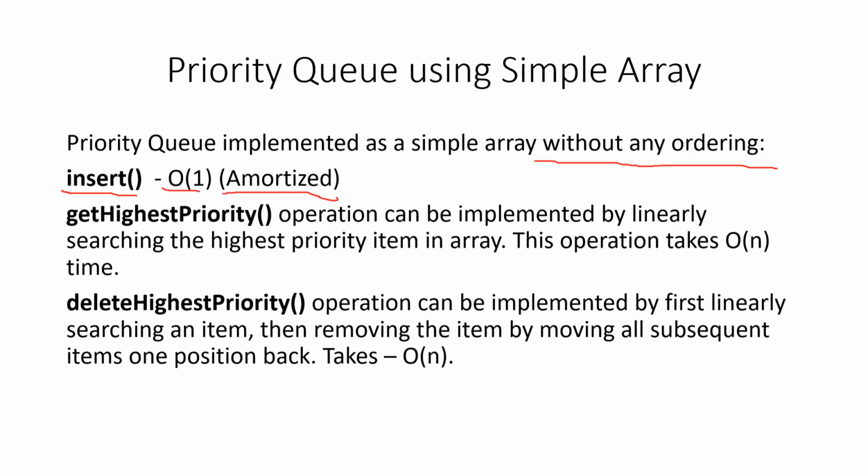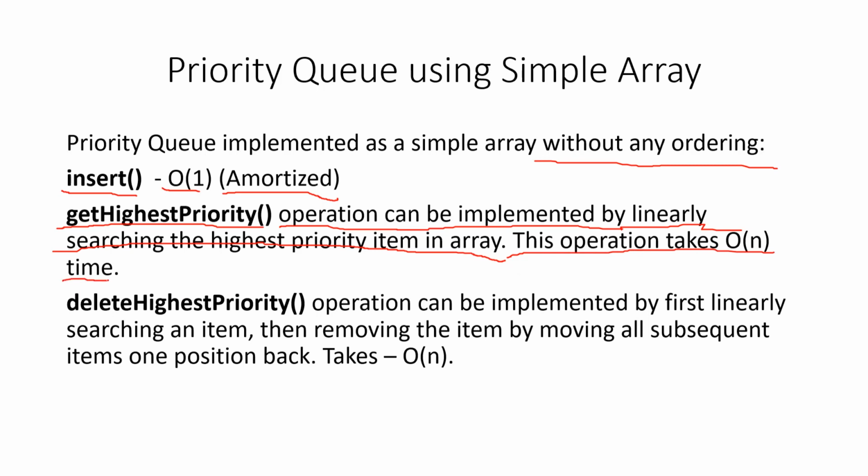Please take a look at the first lecture. Second, it's get highest priority. This operation can be implemented by linearly searching for the highest priority in the array, and this operation takes O of n time complexity. What does it mean?